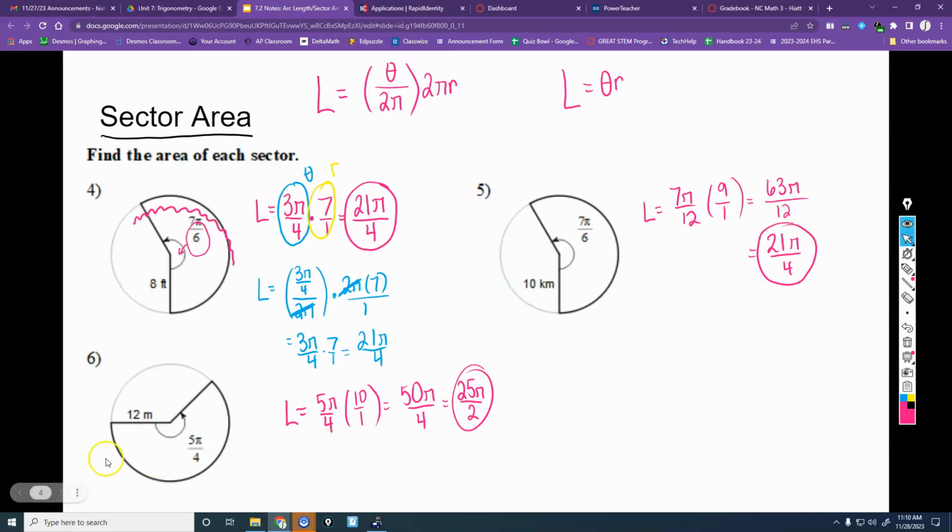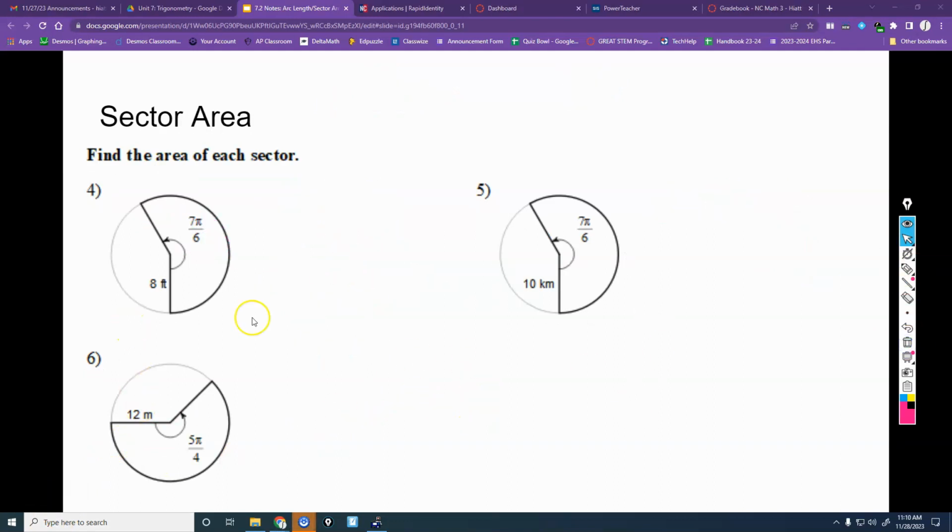Okay, let's look at area real quick, and then we'll be done. So my area formula, the long version for area is theta over 2 pi times pi r squared, right?